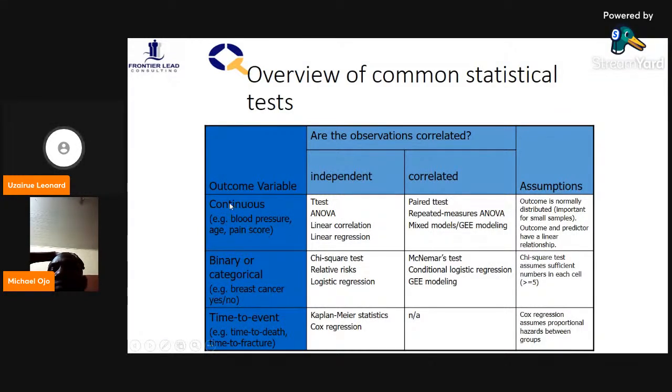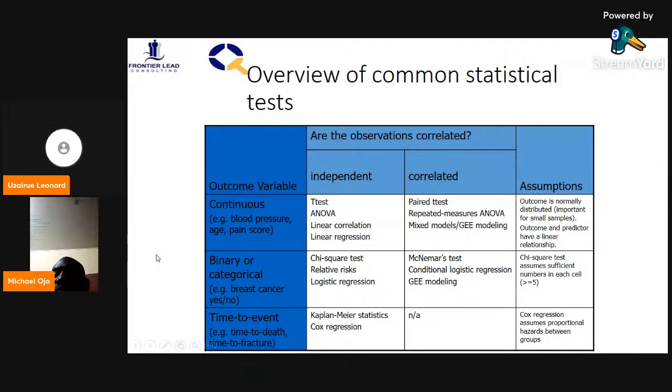Now, this outcome variable can be continuous. Examples of continuous variables could be your blood pressure, your age, pain score, IQ score, and all kinds of scores, blood glucose, cholesterol, malaria parasite density, bacteria counts, microbial count, and all of that.